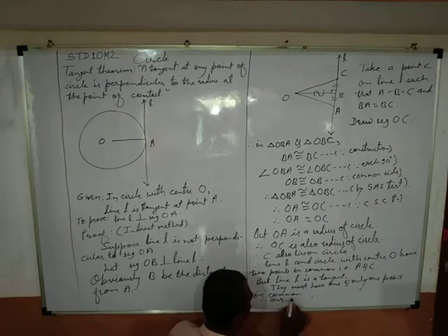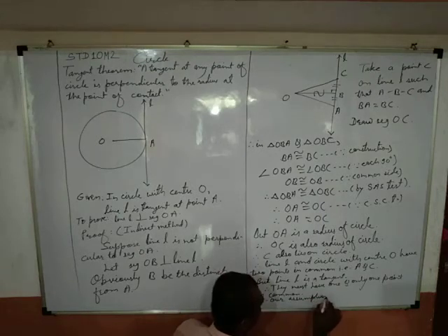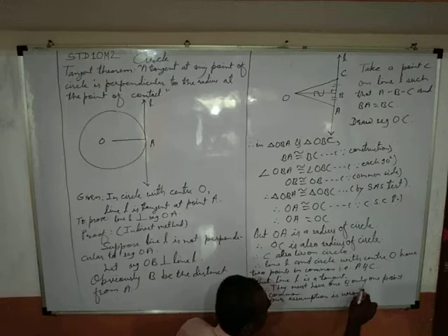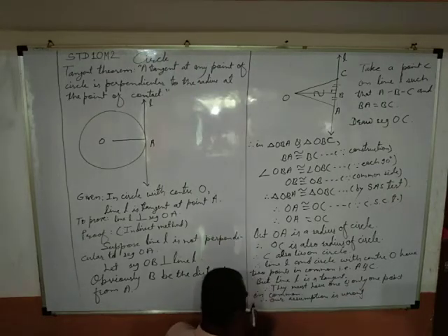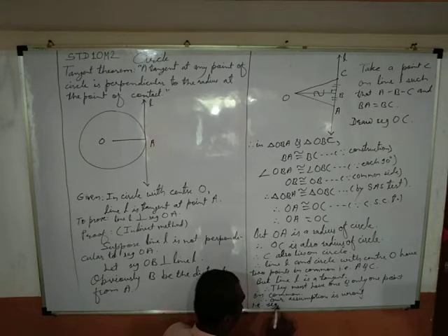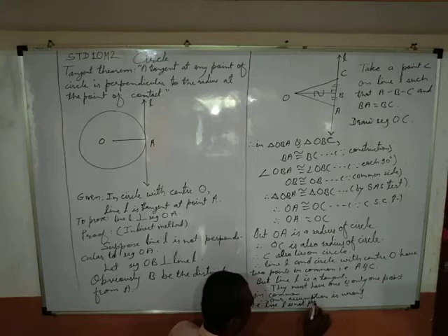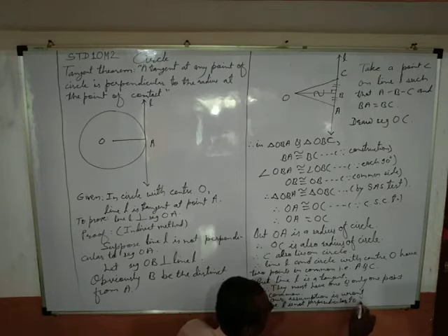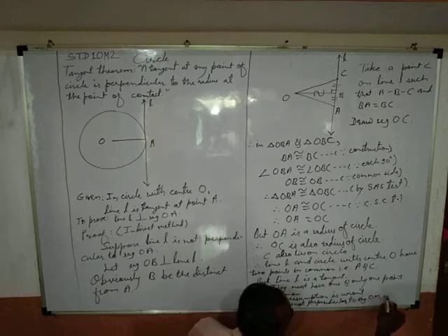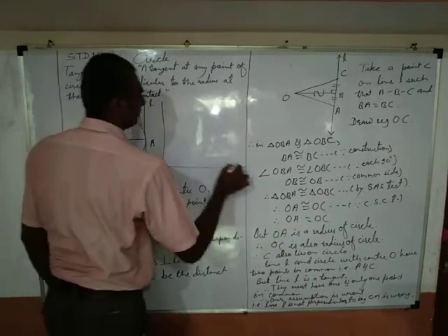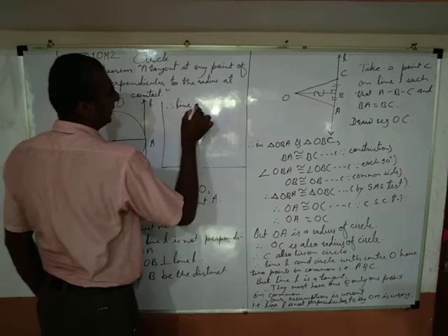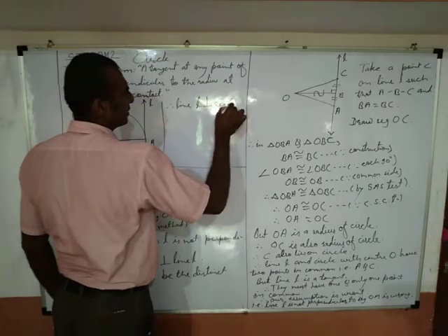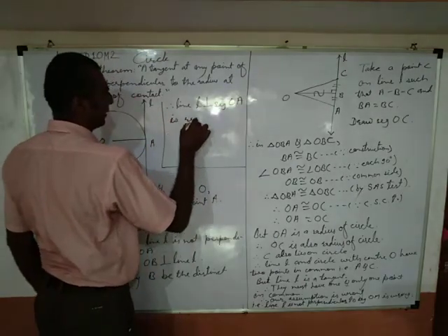Therefore our assumption is wrong, that is, line L is not perpendicular to seg OA is wrong, and therefore line L perpendicular to seg OA is right.